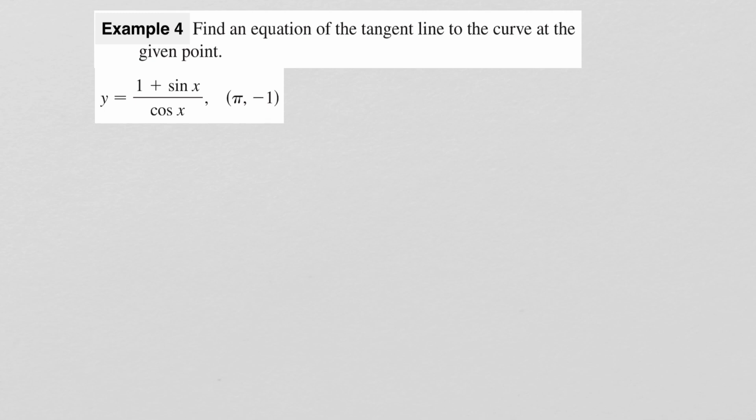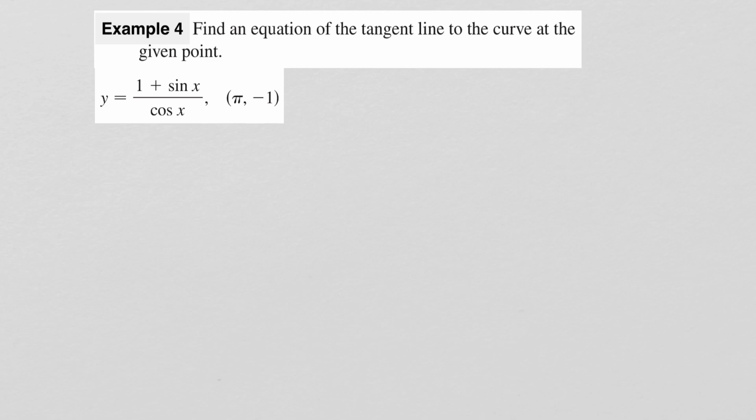Just to remind you, they don't have to give you the y value, because if we plug the x value of pi in, the y value would be 1 plus the sine of pi divided by the cosine of pi. This would be 1 plus 0 divided by negative 1, which is negative 1. So again, they don't have to give you the y value. You could always figure that out, but it's kind of nice when they do.